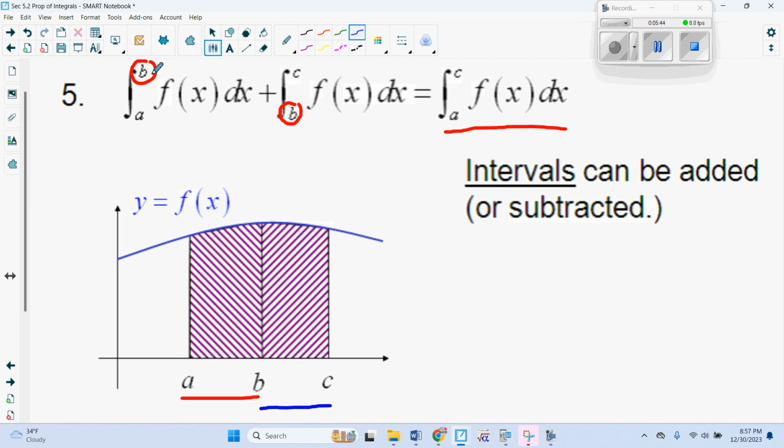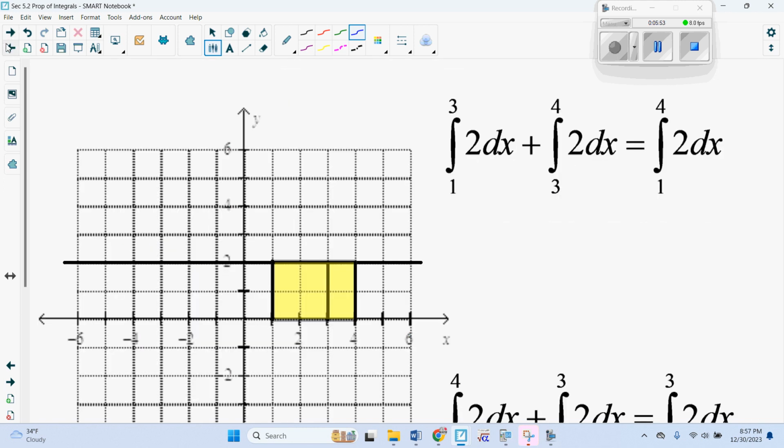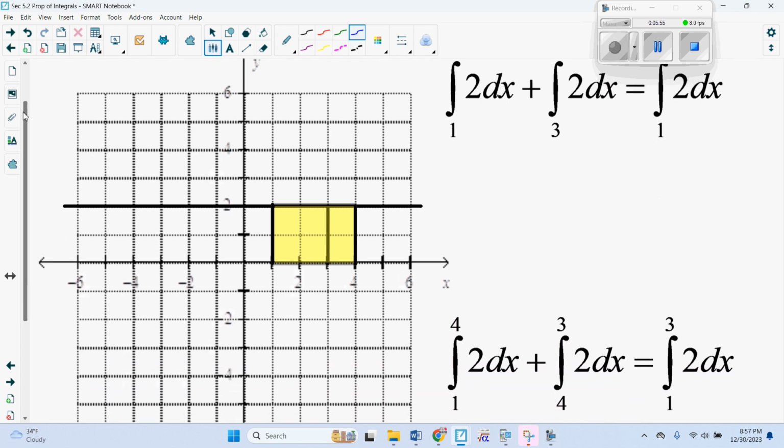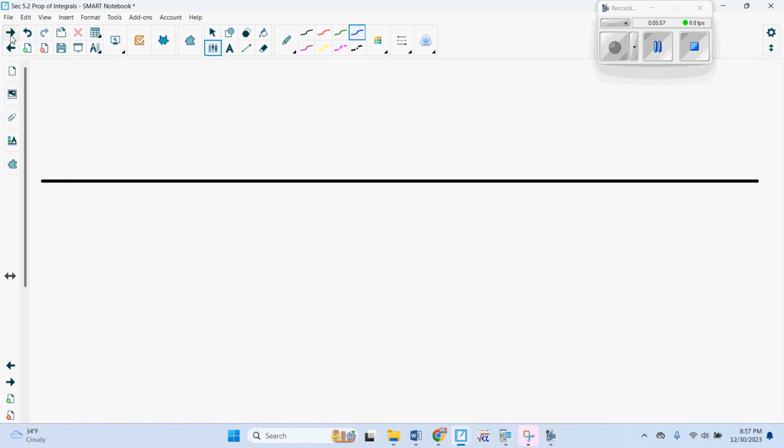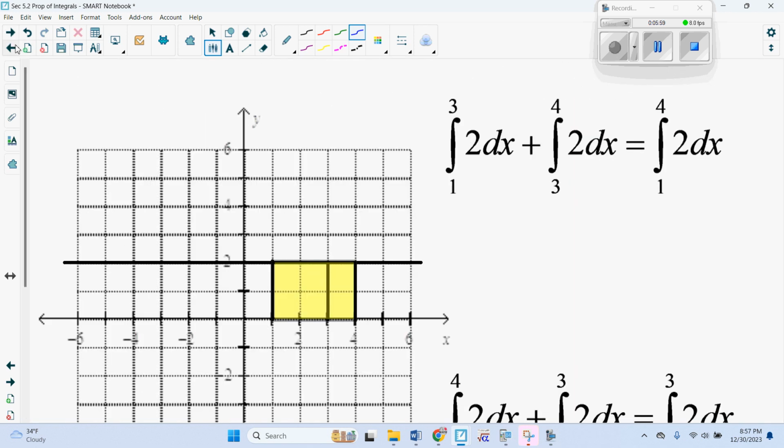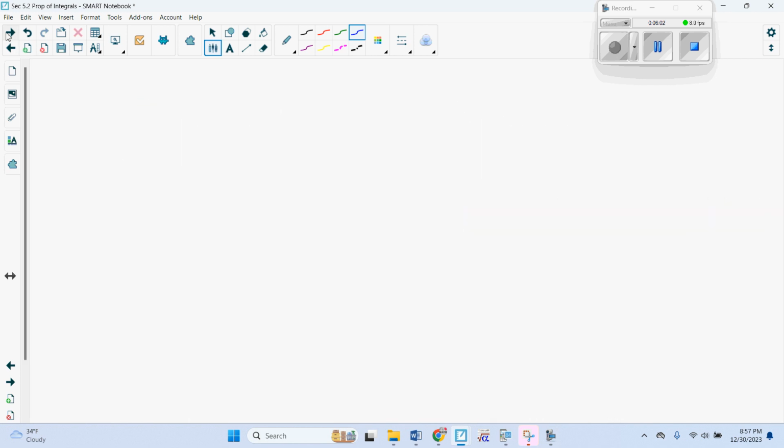However, there's a very interesting thing about this part b. It doesn't actually have to be between a and c. Let me show you what I mean by that. So let me go back, go here.